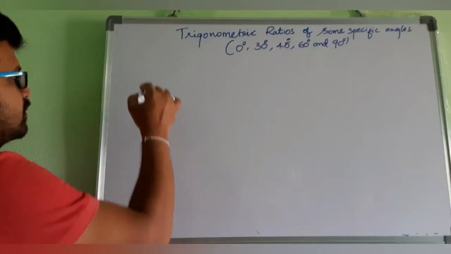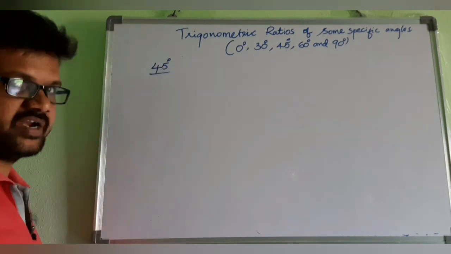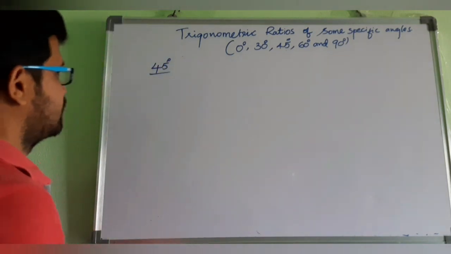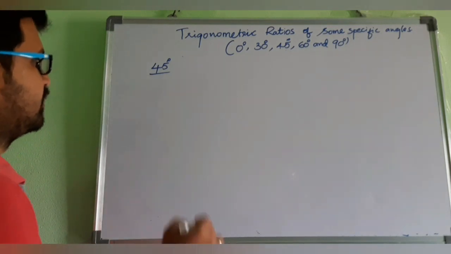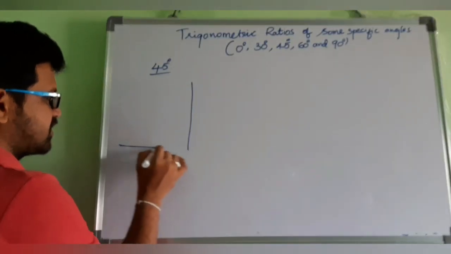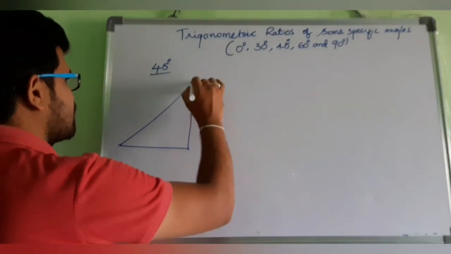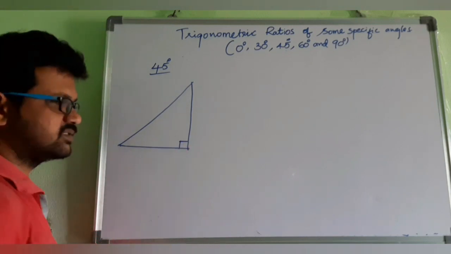Next, trigonometric ratios of 45 degrees, angle 45. So to find sin 45, cos 45, tan 45, let us take a right angled isosceles triangle. So one angle is 90 degrees.